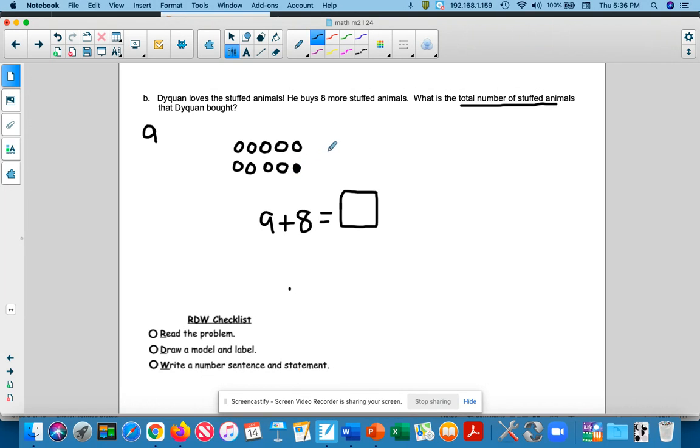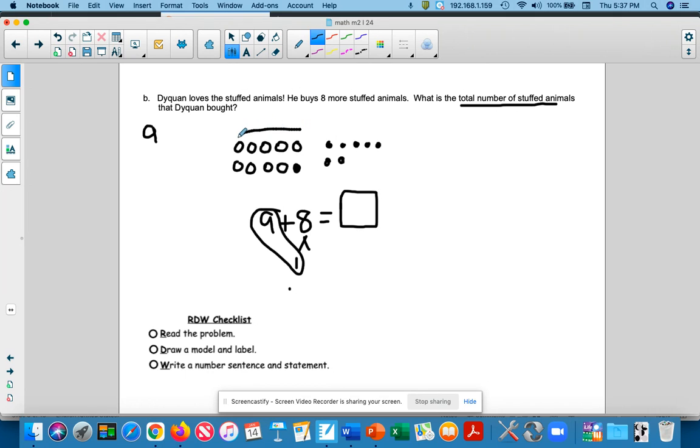I have 1, 2, 3, 4, 5, 6, 7, 8. There we are. Now, if I think of it this way, remember we made our number bonds and I broke down 8? Well, I know that 9 and 1, that made my 10.